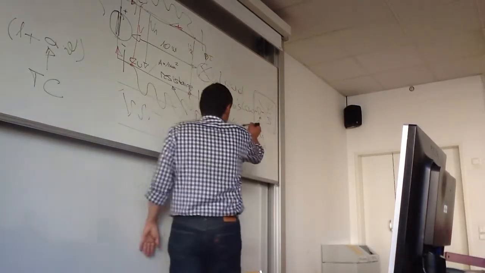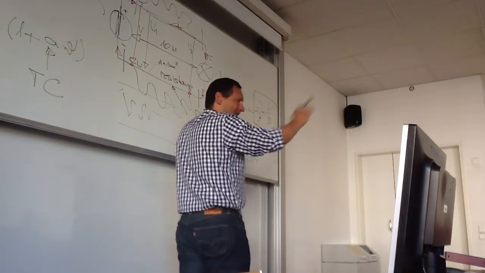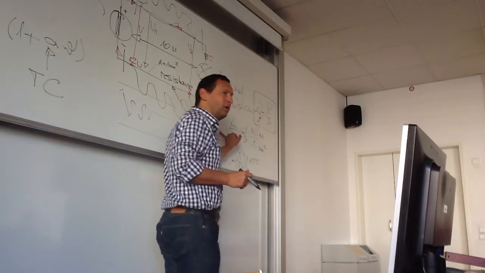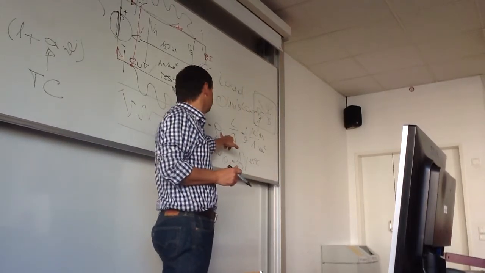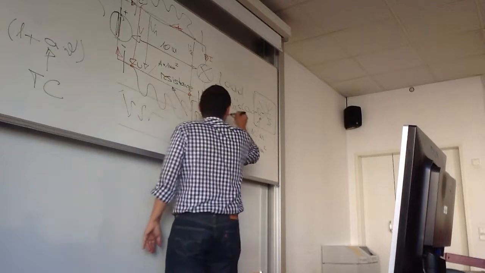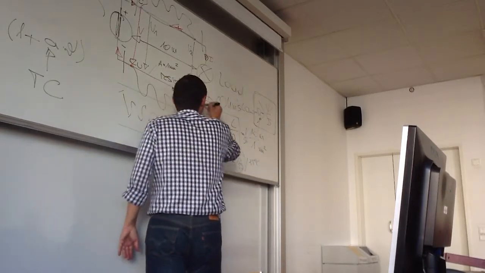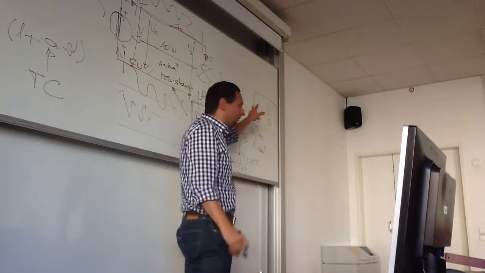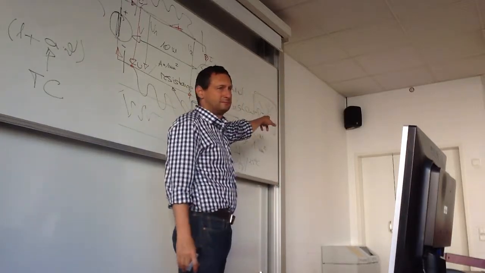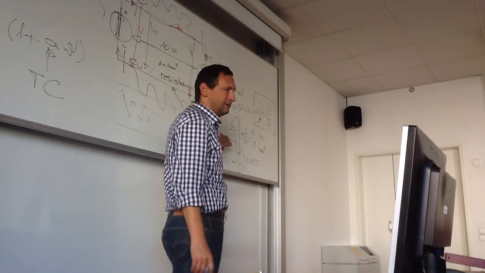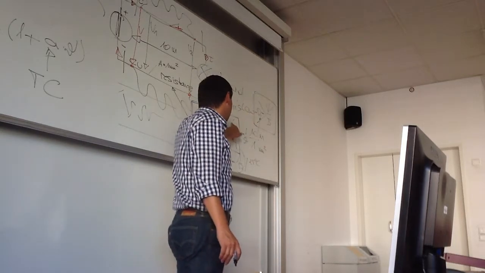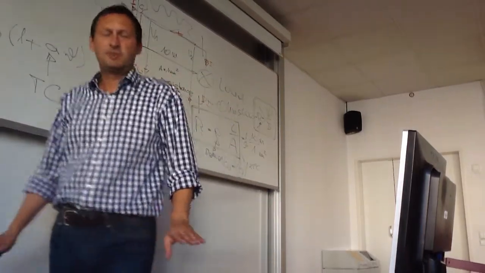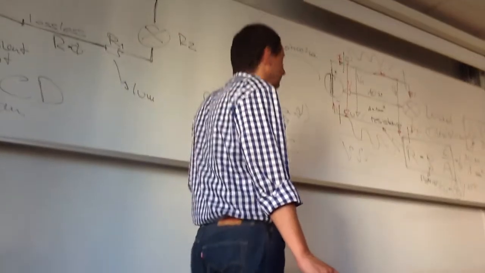The geometry is given by L over A, that's length over cross section, and the material is this rho here. So that's the equation for calculating the resistance of a wire. It's not depending on voltage or current. It's depending on the material, this rho here, the length, and the cross section, and nothing else. No current, no voltage.